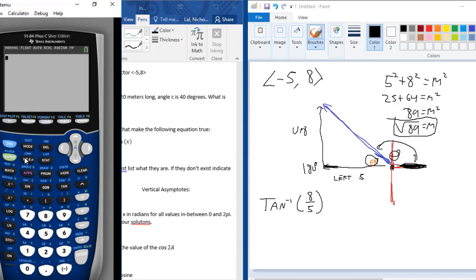Here, I go to mode, degree mode. So I switch from radian mode to degree mode in my TI calculator. I hit enter. And I find the inverse tangent of 8/5. So I'm in degree mode. So that's a very small number.